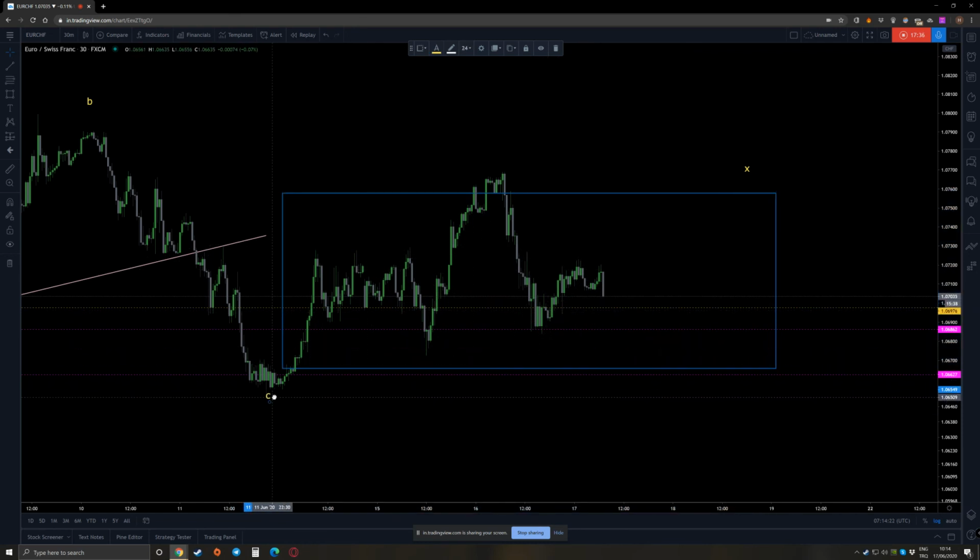Look, wave C should be somewhere here, and you can of course trade this formation too, but I wouldn't do it.